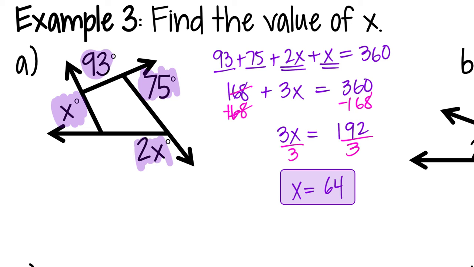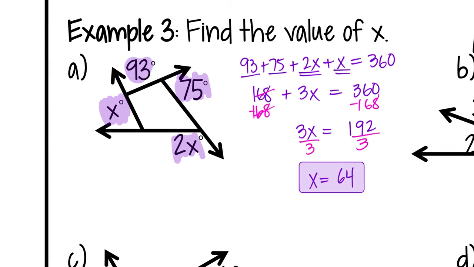Now that I know that x equals 64, it didn't really ask us to do this, but I'm going to do it anyway. This missing angle over here that was just labeled as x, I know that that angle is 64 degrees. And then this one over here that was 2x, I would just plug in the 64. So 2 times 64 is 128. So that's just extra information. That does come up on the homework though.